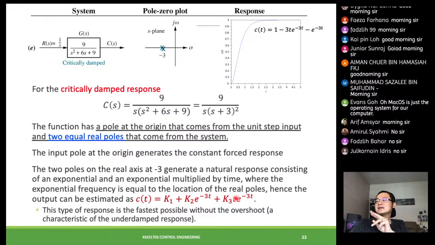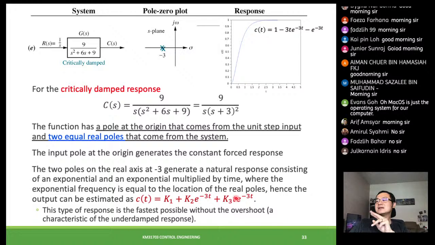So e to the minus 3t again. So this is a summary of the 4 types of response that you may get when your system is a second order system, and this is the comparison between them.